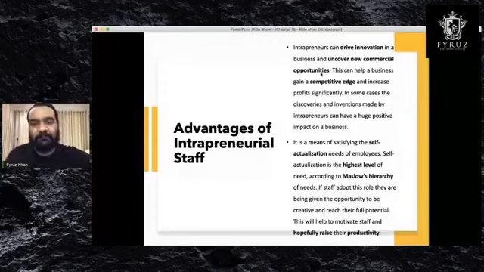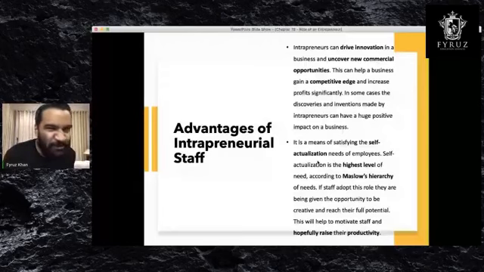The second advantage is that when employees work on their own project, they will feel satisfied. They will feel motivated, as stated in Maslow's hierarchy of needs. They will feel that they have reached their highest level, self-actualization.